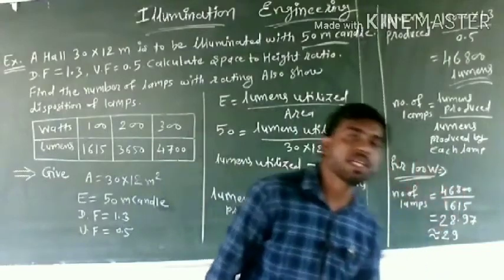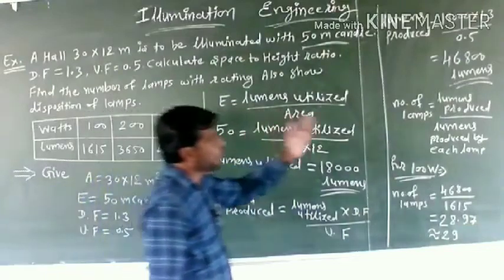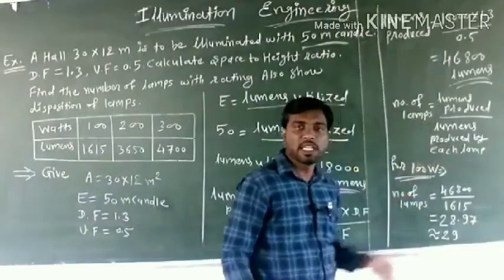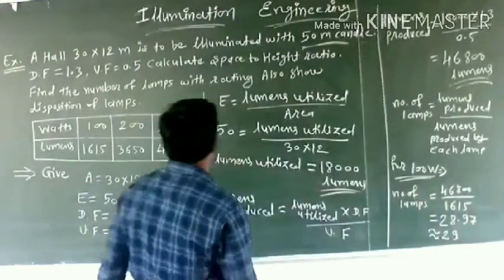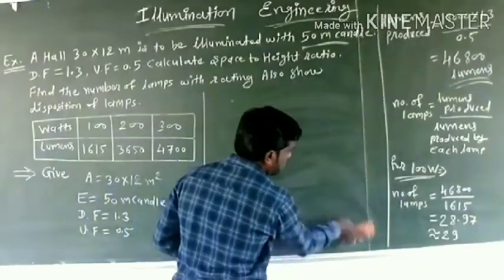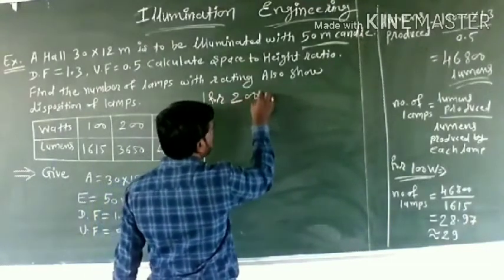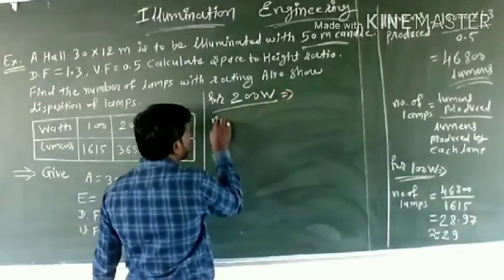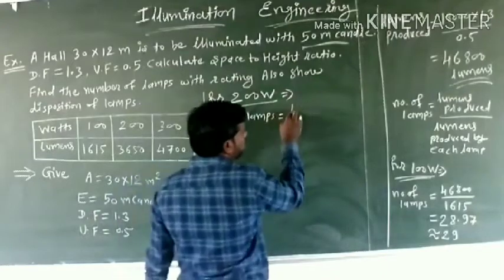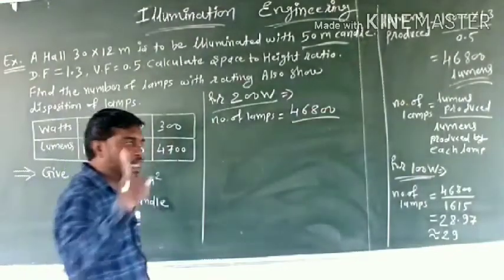Similarly, we have to calculate for other watt lamps also. For 200, then after that 300, we will use the same formula. That means number of lamps is equal to total lumen produced upon lumen produced by each lamp. So next, for 200 watt lamp, number of lamps is equal to total lumen produced, 46,800 divided by the lumen produced by a single lamp.